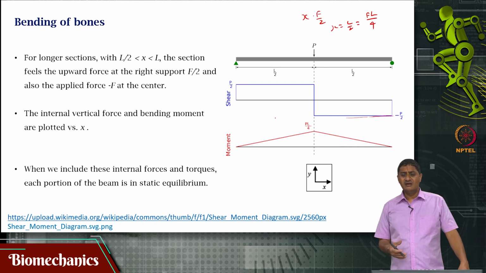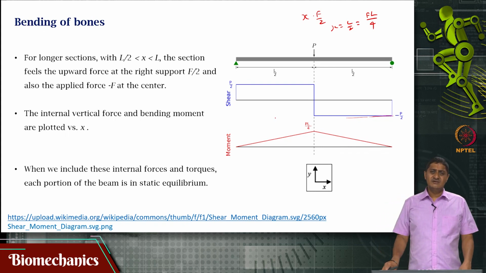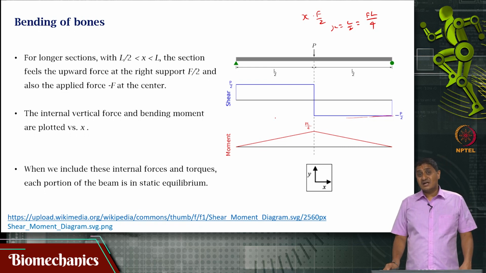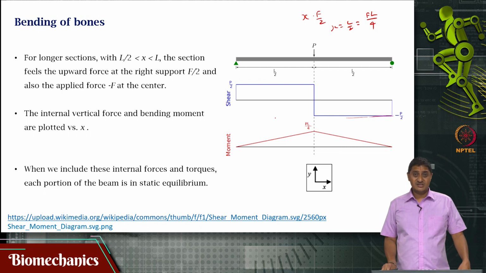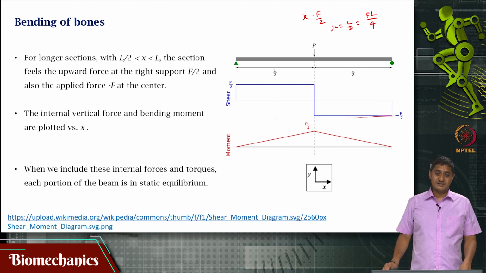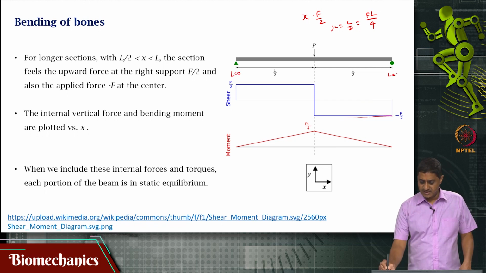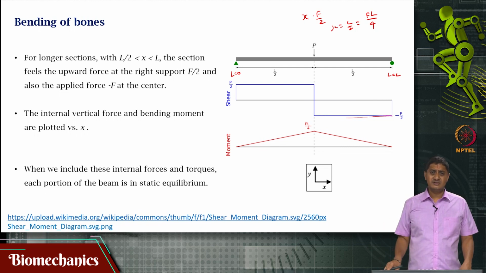We have done this analysis using first principles. I request you to please check the correctness of this, because I have just done this using first principles and I have drawn this diagram. So, for sections between L is equal to 0 and L is equal to L, everywhere I have drawn this shear force and bending moment diagram, right.